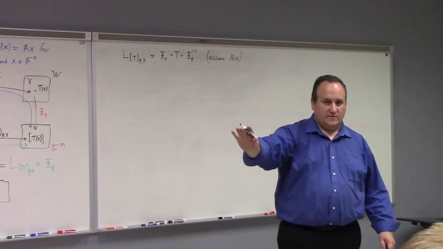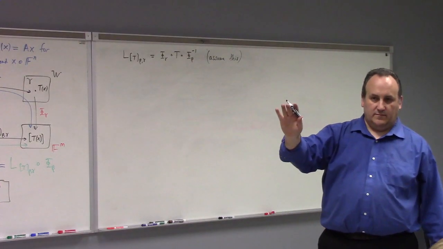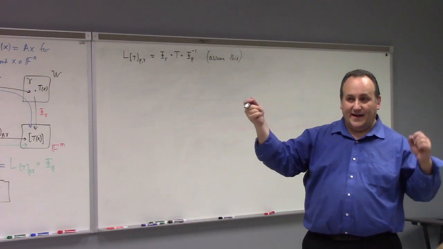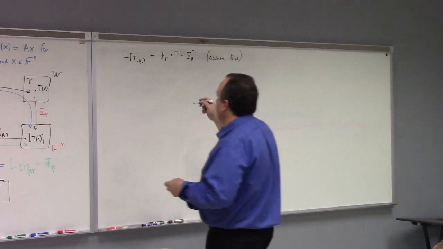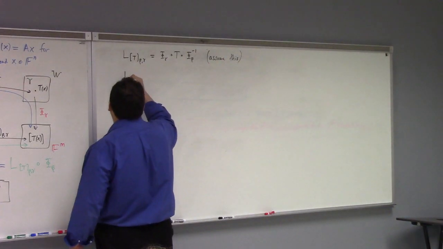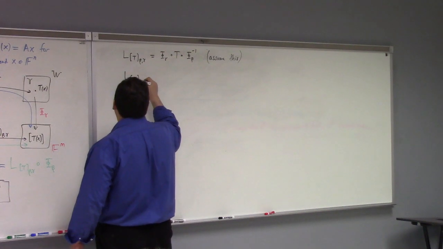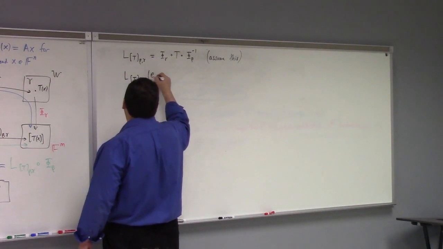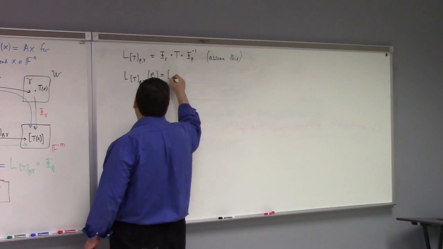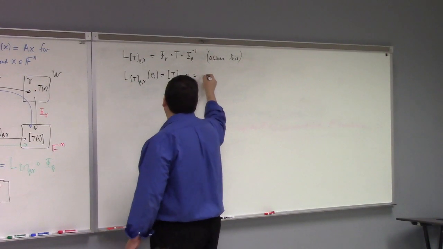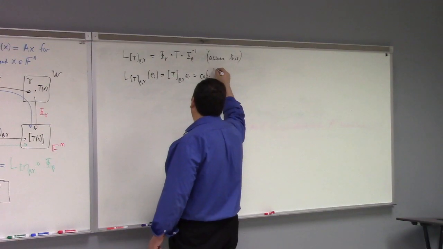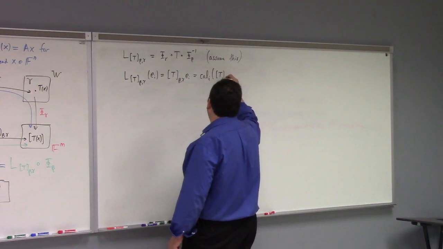Multiply both sides. Well, rather, let both sides act on the ith standard basis element. What does that tell me? So L of T beta gamma acting on e_i is just, what that means is T beta gamma times e_i, which is column i of the matrix, right?